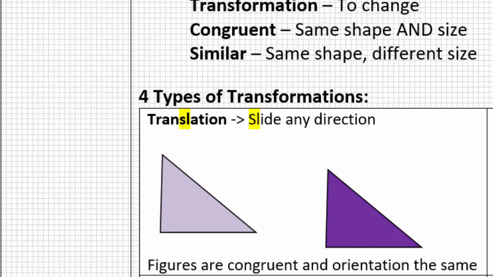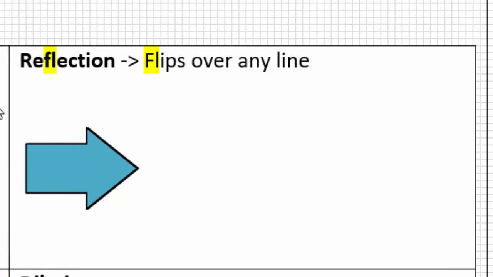Let's take a look at reflections. This is another name of a transformation where I use the letters inside the name of the transformation, reflection. I use the FL to remind me that a reflection flips the figure over, and it flips it over a line. So once again, that line could be any direction, much like the translation.